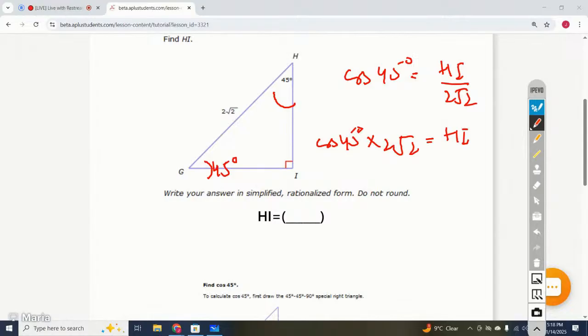Cos 45 is 0.707 times 2 square root 2. Cos 45 is 0.707.